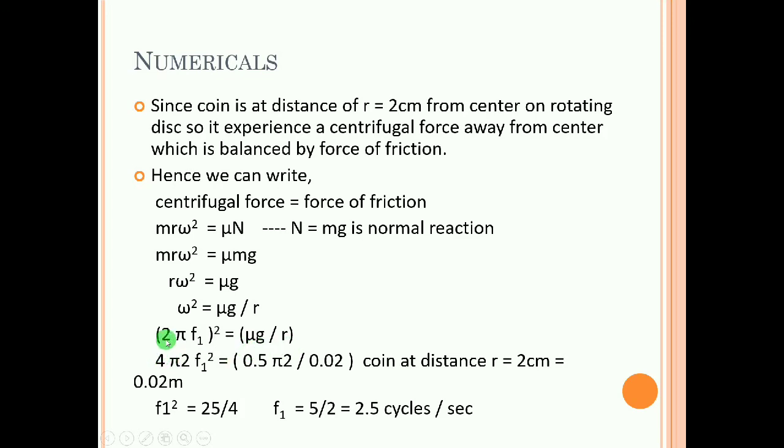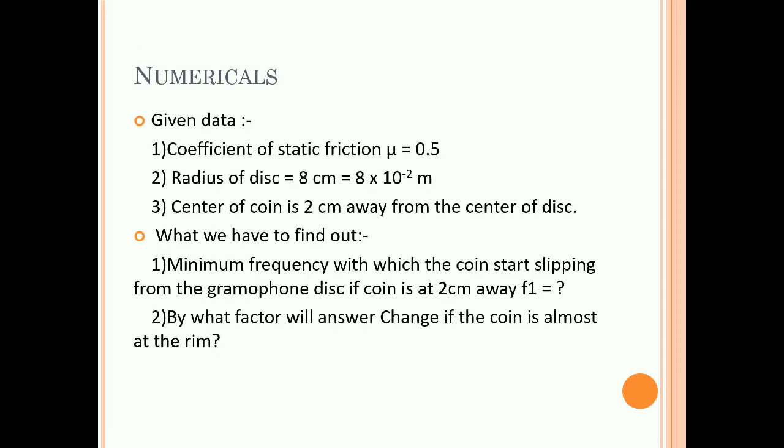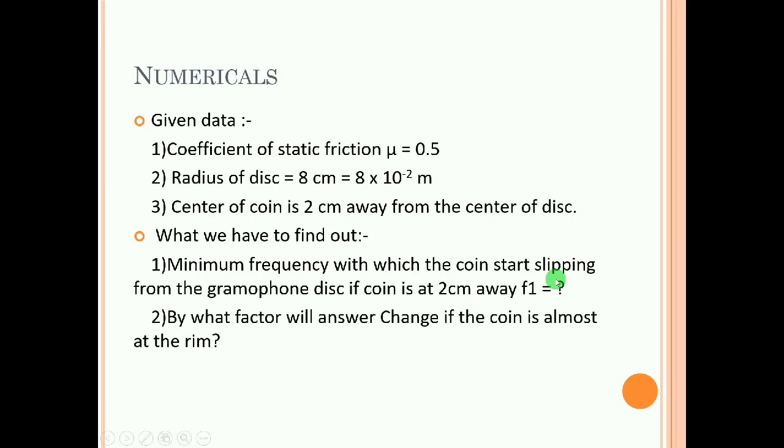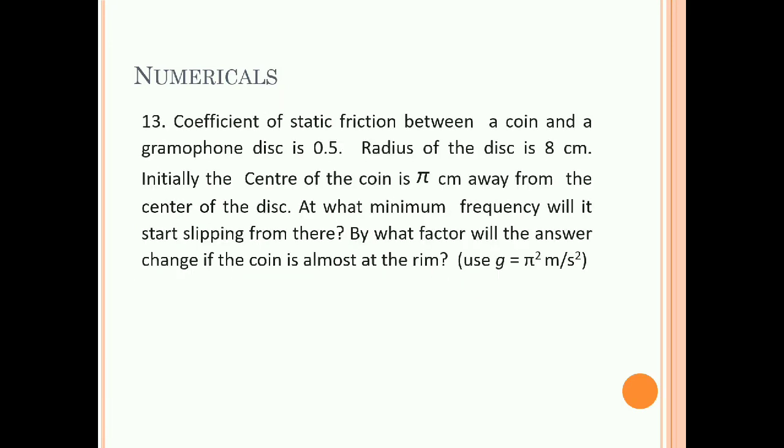Taking the square, 4 pi square f1 square will be equal to mu, which is given as 0.5, and g, which is given at the last in your numerical as pi square meter per second square, and this distance is actually 2 centimeter.